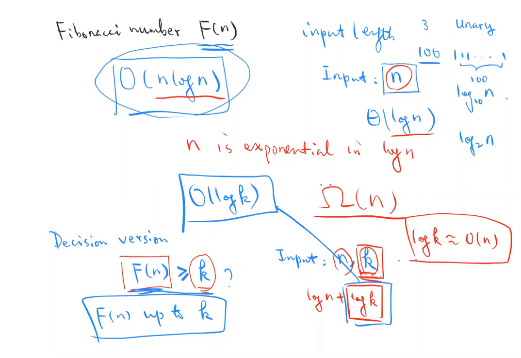What do we mean by input length? All right, so that actually asks us to fix some encoding scheme first. How do we encode the input? How to represent it, that's a very important question.